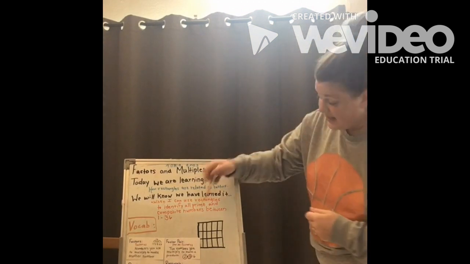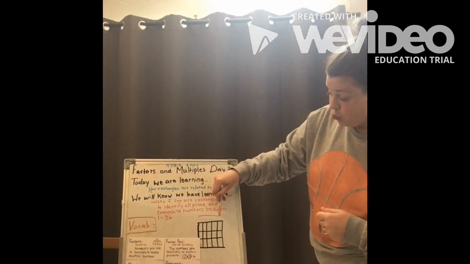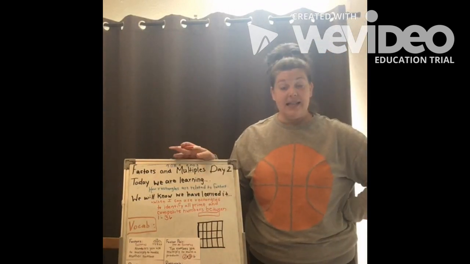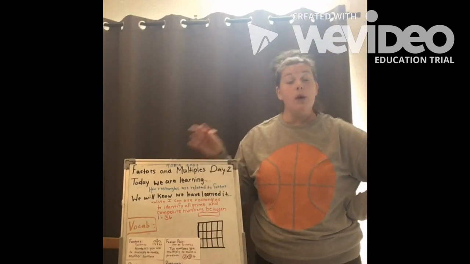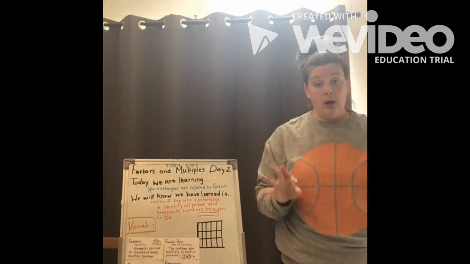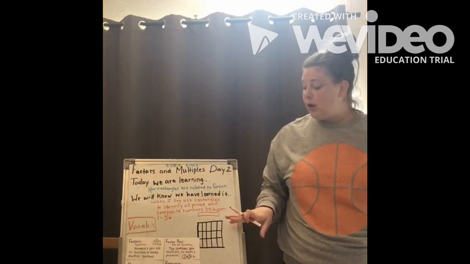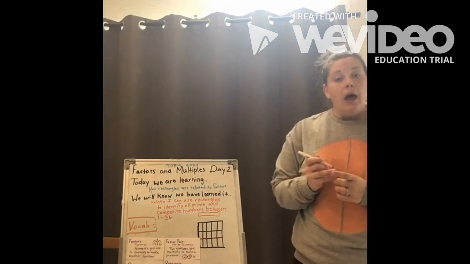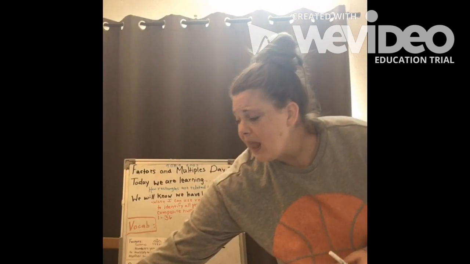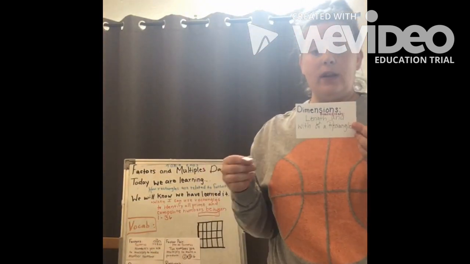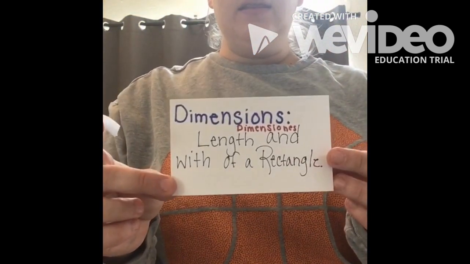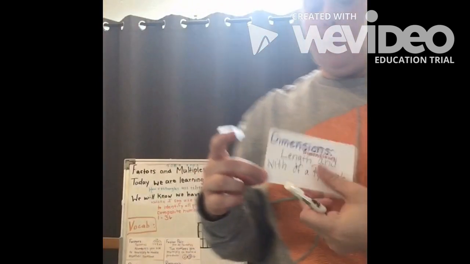Oftentimes when we think of rectangles, we think of super long on one side, super short on the other, which yes, that is a rectangle, but anything where one side is shorter than the other is considered a rectangle. So a rectangle has something called dimensions. If you're at home, say that with me, dimensions. Dimensions of a rectangle are the length and the width of the rectangle.